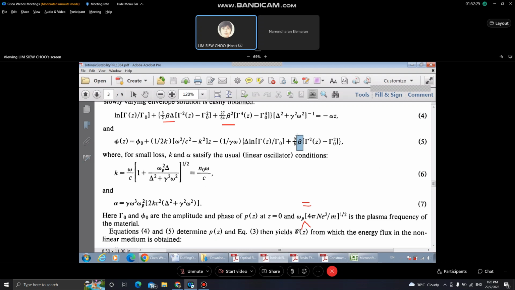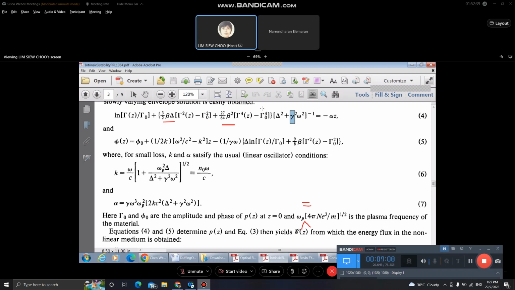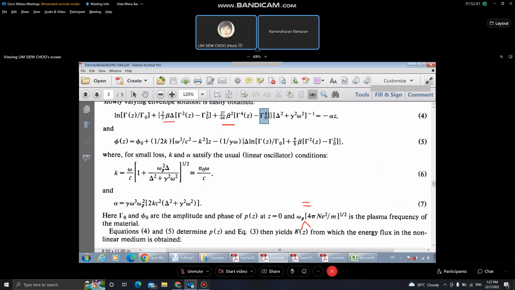Yes. 0.1 is a large nonlinearity, and for the damping, 0.01 is a small damping but still there, and large damping is 0.1, something like that, right? Yes, doctor. And then this is a constant, you just put a value. You cannot assume 0, because there is a direction here.